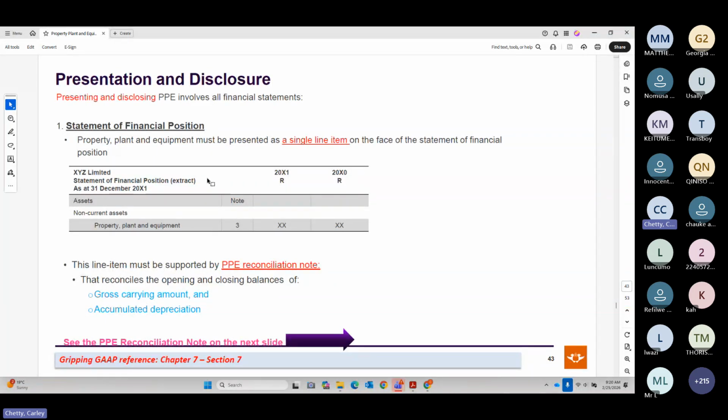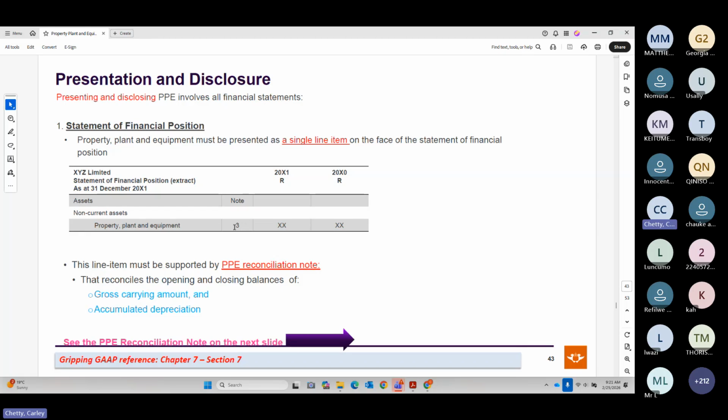So this is just an extract of the statement of financial position. It's not the whole statement. So we'll see that the property, plant, and equipment line item is shown under assets, and it is a non-current asset. And even though it's shown as a line item here, it is going to be referenced to the property, plant, and equipment reconciliation note.